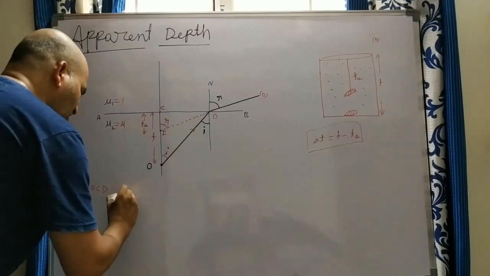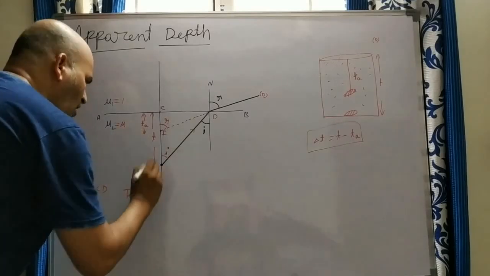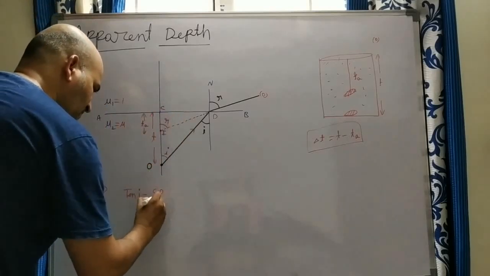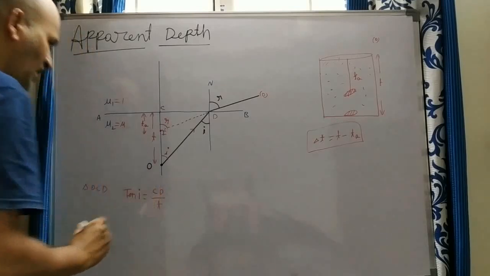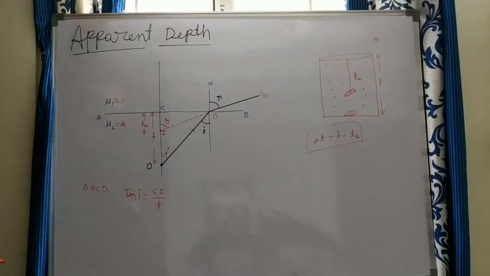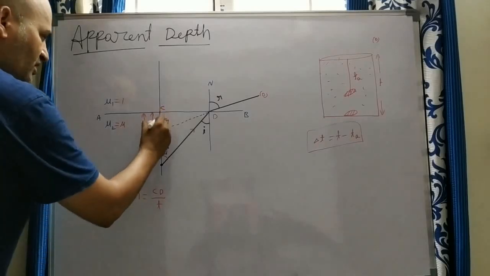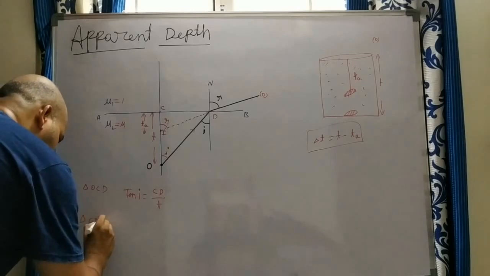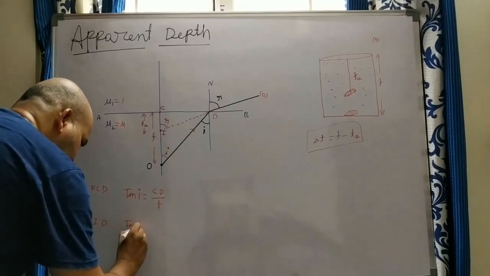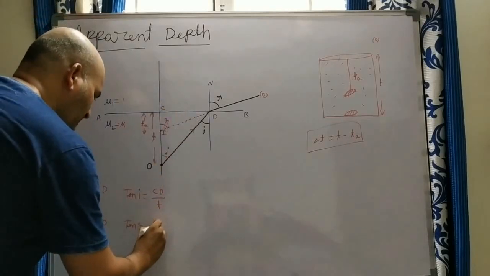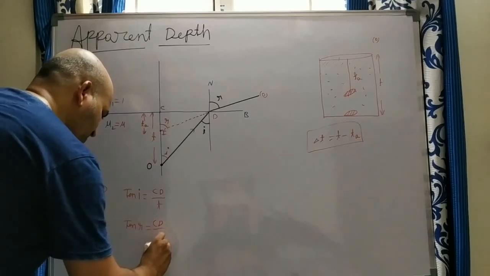Tan I is equal to opposite by adjacent. Opposite is CD, adjacent is T, actually OC, nothing but the actual depth of the object from the liquid surface. And using the small triangle CID, tan R is equal to opposite by adjacent. Opposite is CD, adjacent is T apparent.